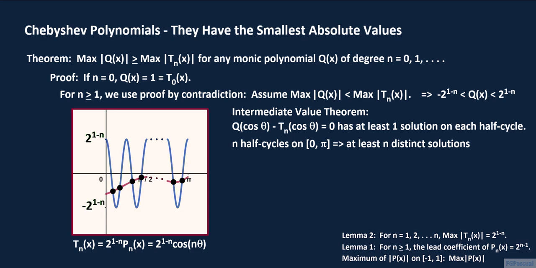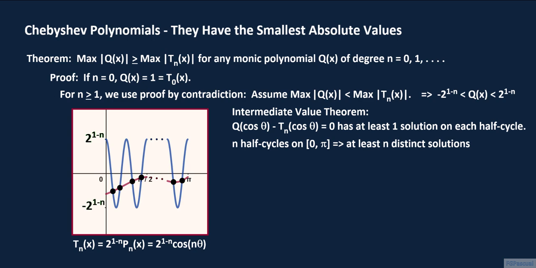Since the cosine function is a one-to-one function on the interval from 0 to pi, and cosine theta equals x, these n distinct theta solutions correspond to n distinct solutions in x on the interval from -1 to 1 for the equation q of x minus t sub n of x equals 0. With at least n distinct zeros, the polynomial q of x minus t sub n of x must have degree at least as big as n.